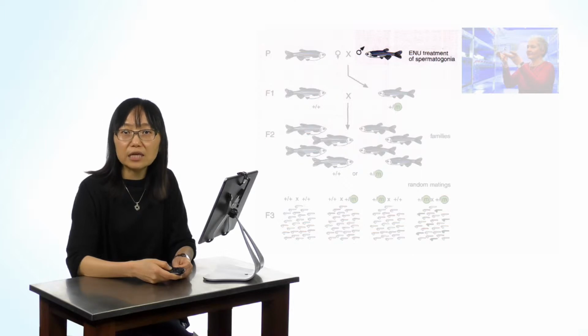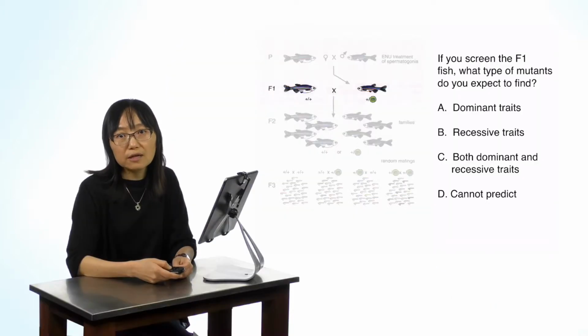This means that each sperm this male fish produces carries a unique mutation. If we cross the ENU-treated male fish to a wild-type female fish, each one of their progeny will inherit a unique mutant allele from their ENU-treated father. Now, if we screen the F1 fish, what types of mutants do you expect to find?